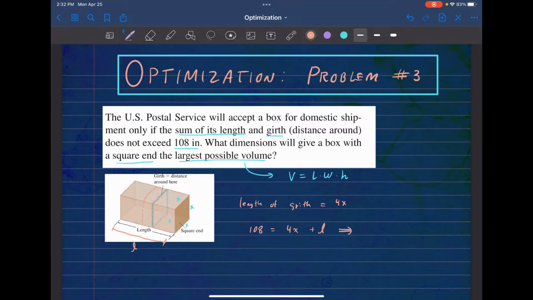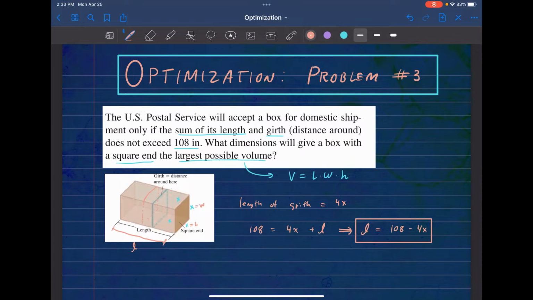Now if I isolate, let's say L for instance, then I get 108 minus 4x. So that's one of the equations we can use as a helping equation to optimize the volume function. So for this box, we see that the length is x and the width is also x because we're making a square on one of the ends and then just stacking up those squares.